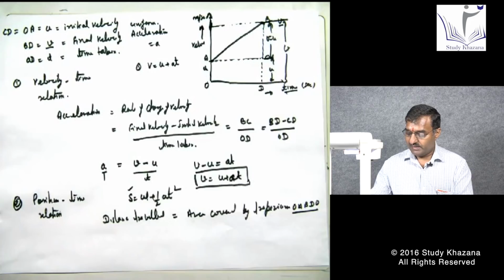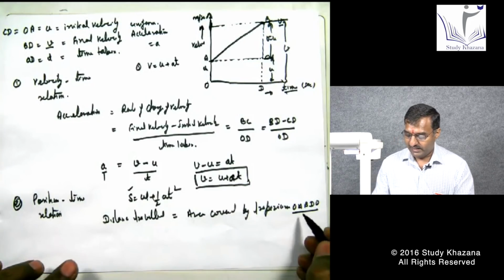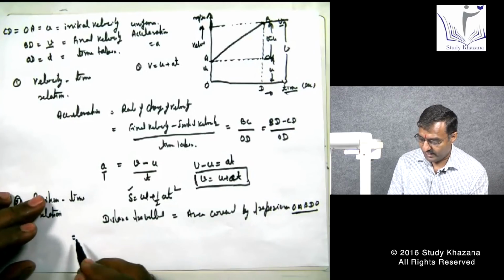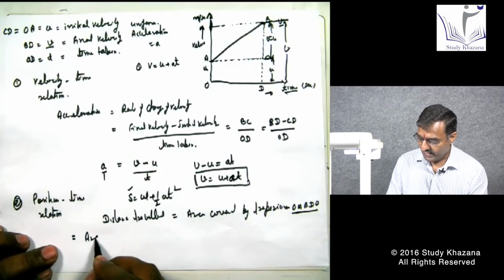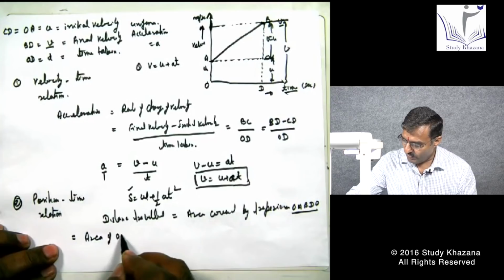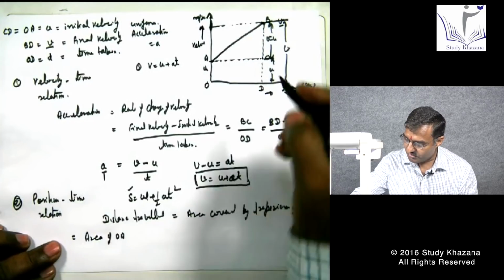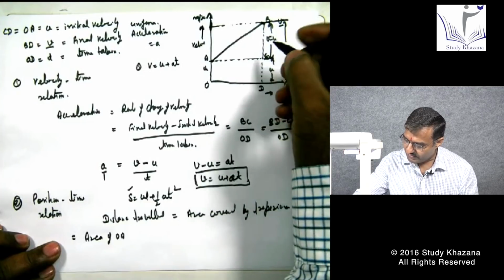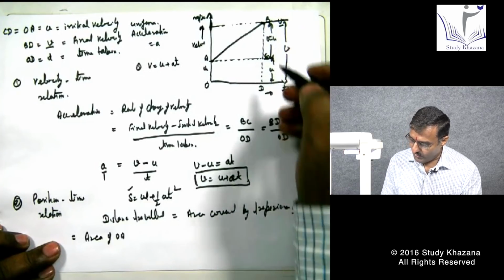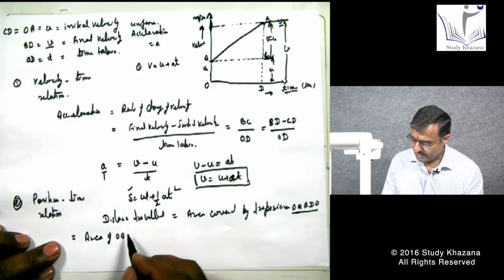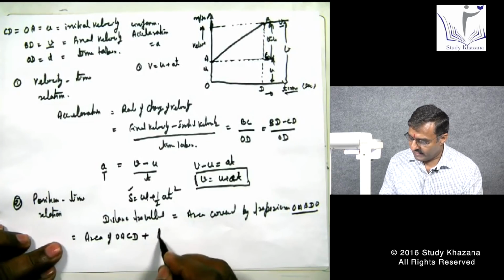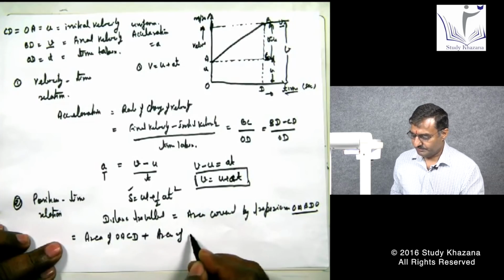So here we can also divide it into two parts. This area is the sum of the area of OACD, where I have mentioned C, plus the area of ABC.